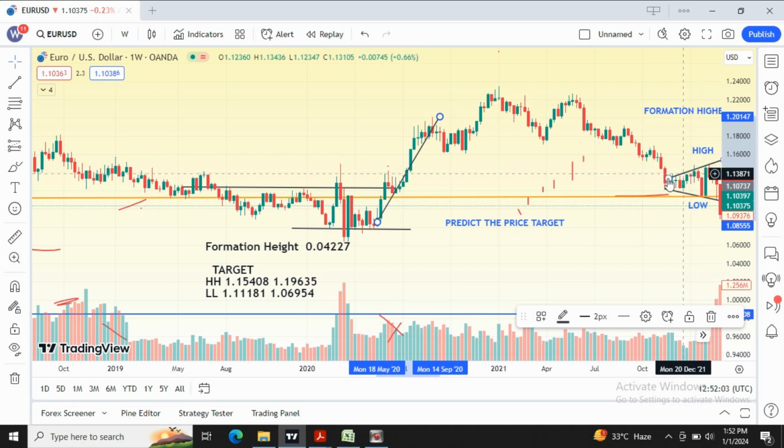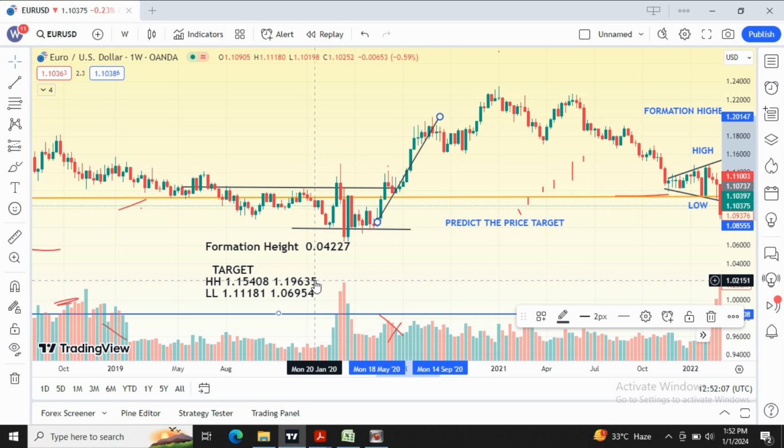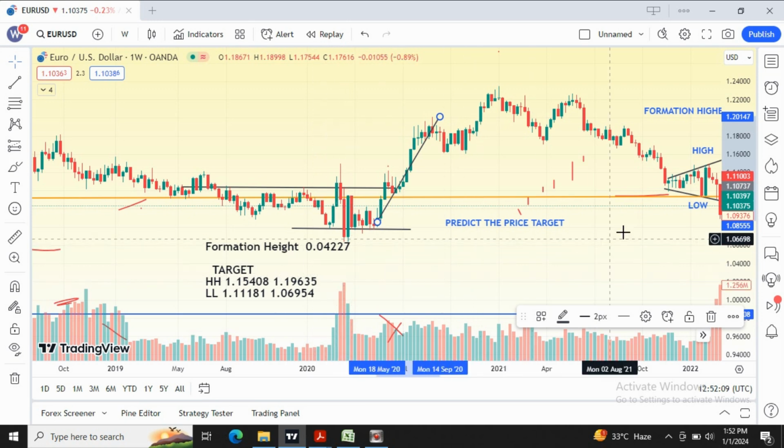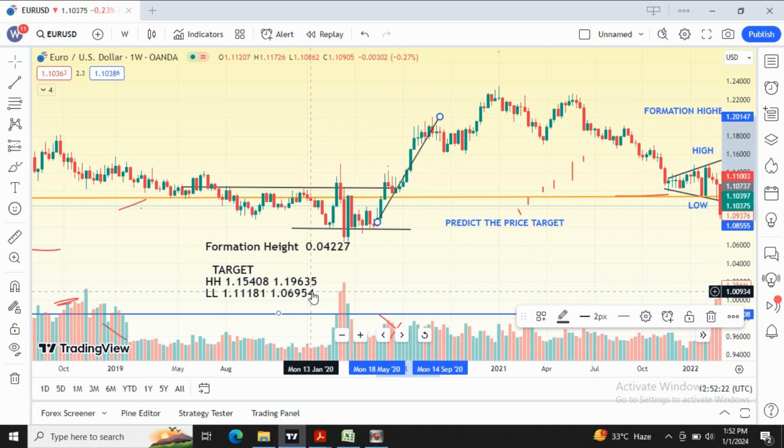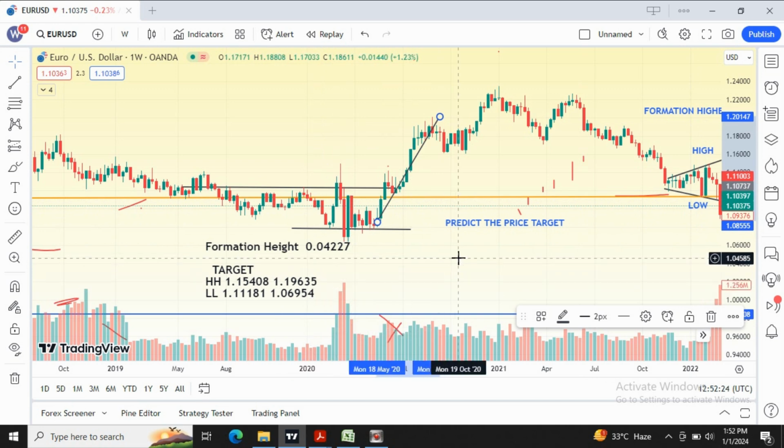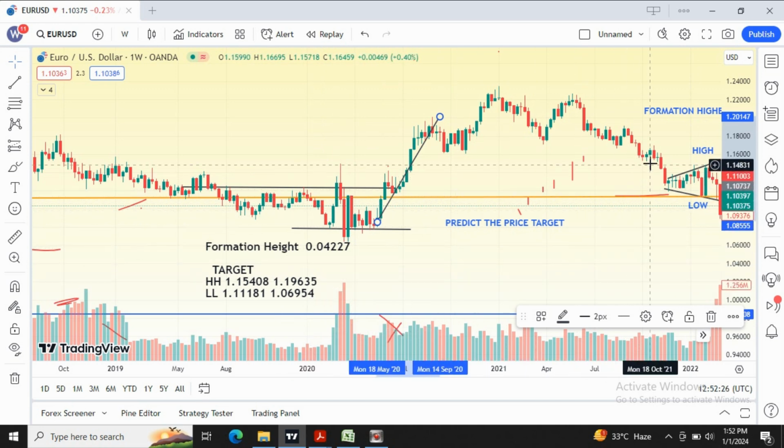After that, you will add the formation height to the ISI to get the upward breakout. Then thirdly, you will subtract the formation height from the lowest low value to get the target price. It's very simple to do.